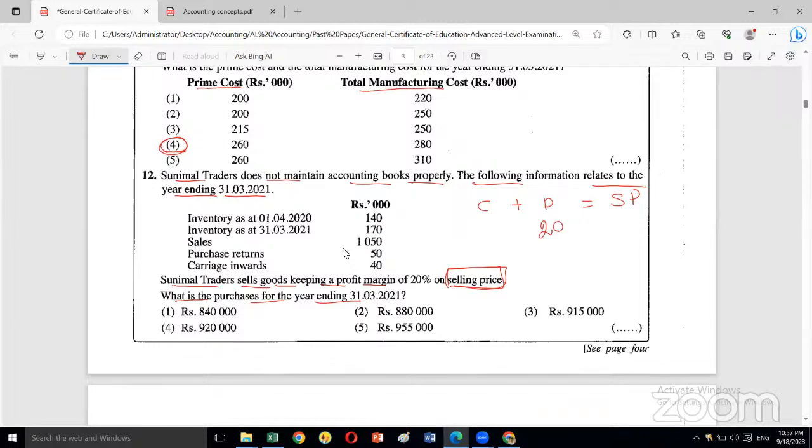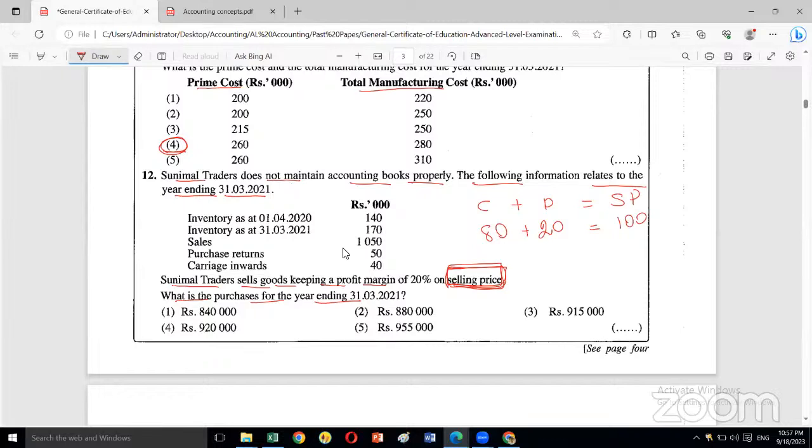On selling price means for the selling price only they are going to give 20%. So then selling price is going to be how many percent? 100%, because they are keeping the profit on selling price. So selling price is 100% and profit is 20, how much is the cost? It should be 100 total. So how much is the cost? 80.